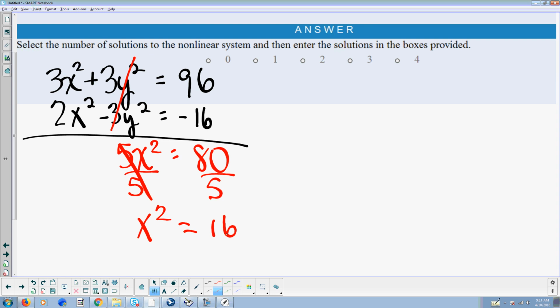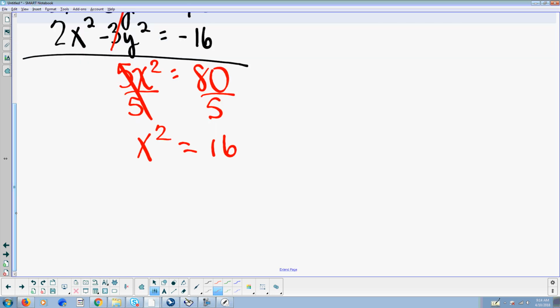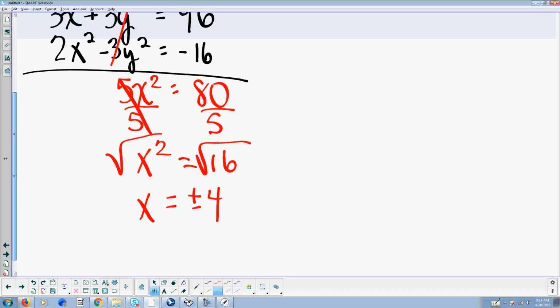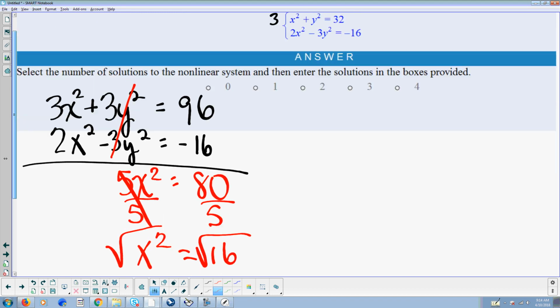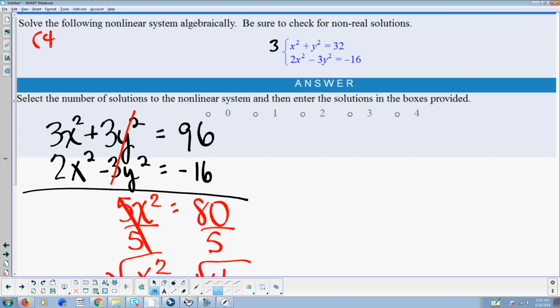Then we take the square root of both sides. Remember when you take square roots, you're going to get plus or minus. This is where the mistakes happen. Square root of 16 is plus or minus 4. So, in finding our solutions, we have to substitute positive 4 and negative 4 for x coordinates.